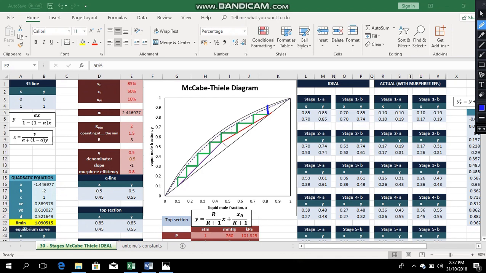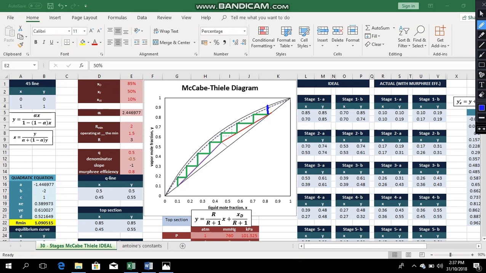So 80% of this line, so maybe it's here, and then we will write this is the 80% something in this line, and we will have a dash line up to the bottoms. So that's the actual process, 80% efficiency, and then we will connect the points.